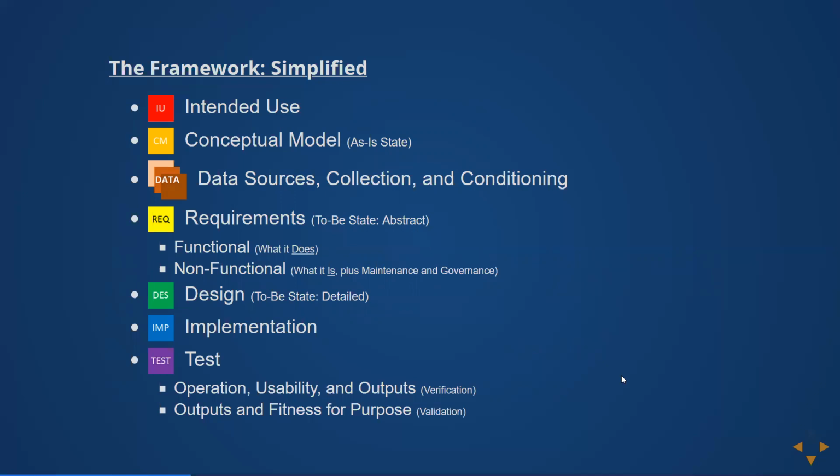And that is figure out the problem and what you're trying to accomplish. That's the intended use. The conceptual model is the as is state, it's the current system that you're working with.